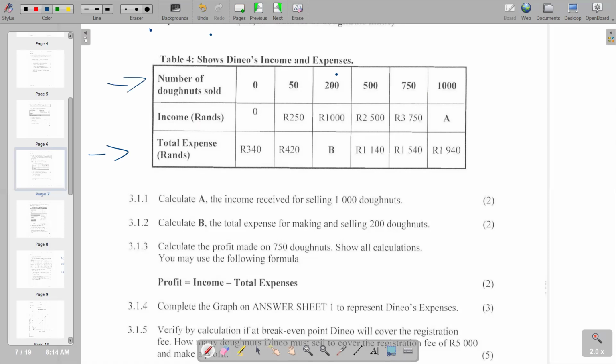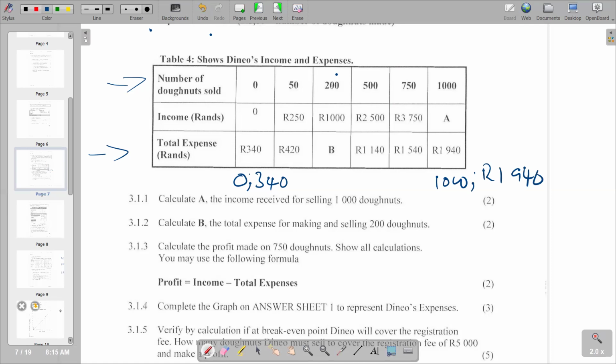So we come up with a curve whereby we are going to be concerned with these 2 points: we got $0 having 340 rands as our total expenses, and then we also have $1,000 producing 1,940 rands as our total expenses.